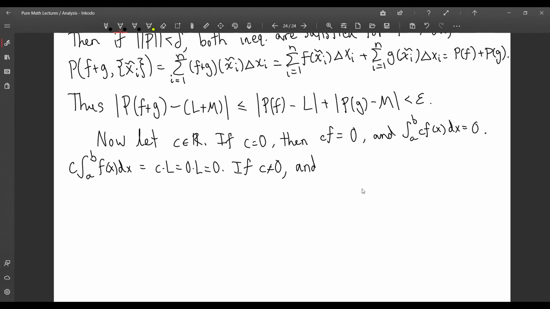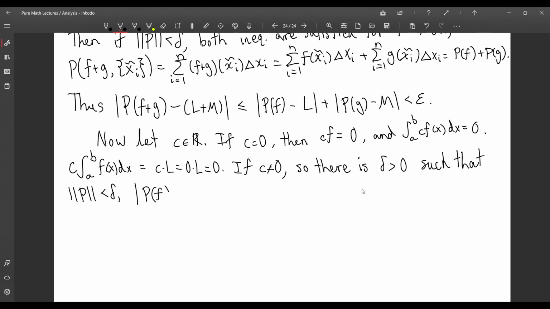and so there is a delta greater than 0 such that whenever the mesh of our partition is less than delta, the Riemann sum of f minus L is less than epsilon divided by the absolute value of c.